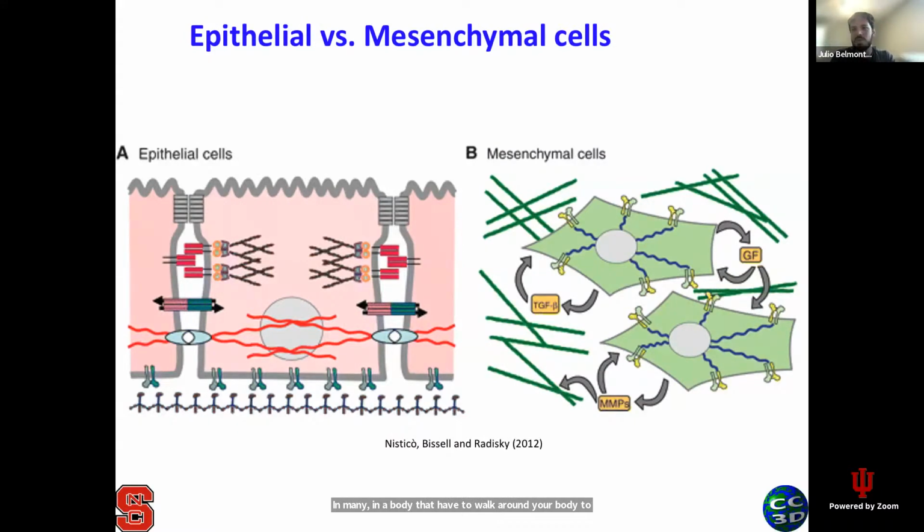They have to move around, change shape, and engulf the threat that is in your body. So they have a very dynamic shape and look very different from an epithelial cell. If you look under the microscope, you can readily tell whether it's an epithelial cell or a mesenchymal cell.